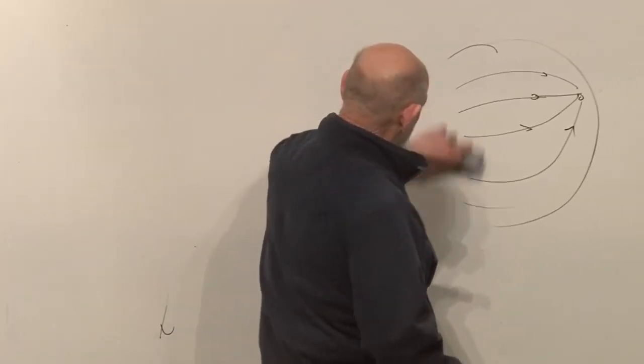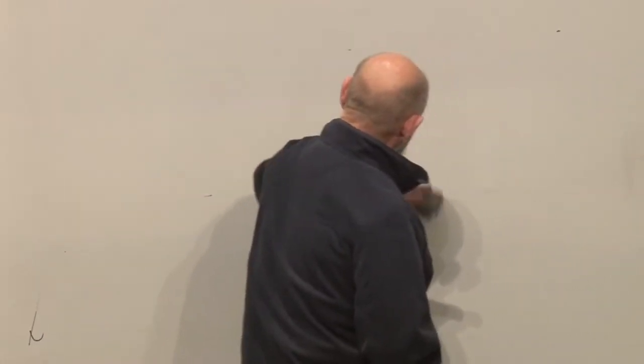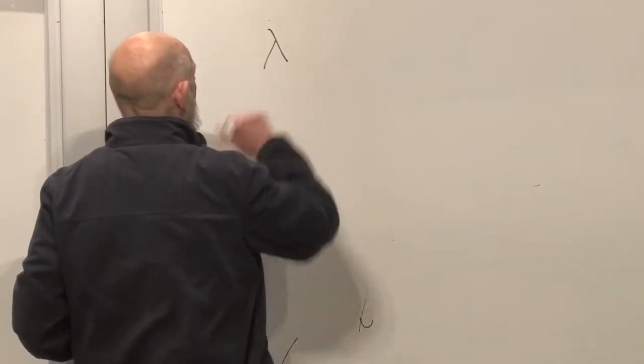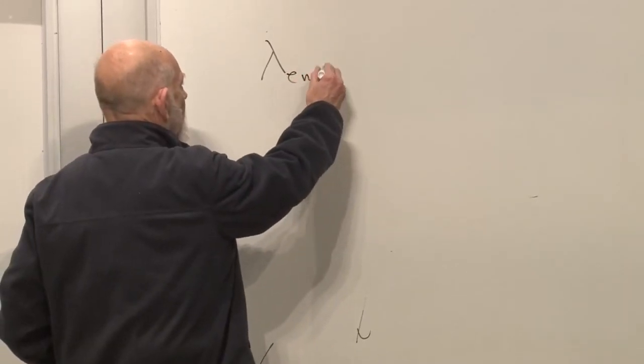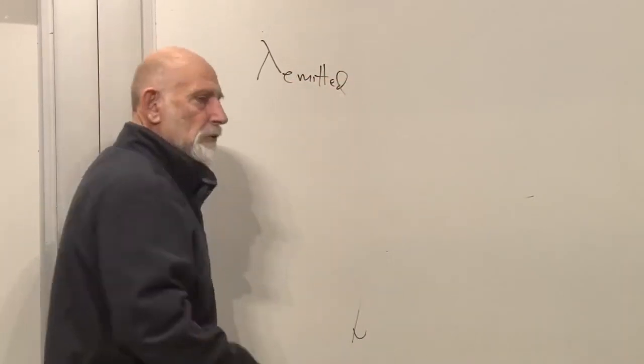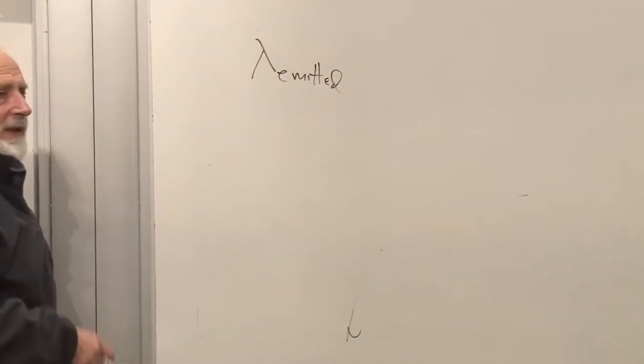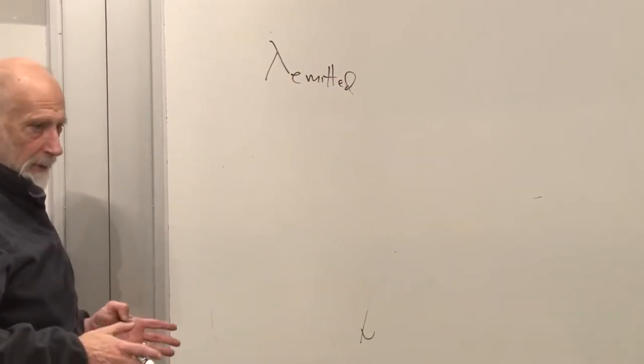If light is emitted by a source that has a wavelength lambda, we can call that the wavelength of the light when it's emitted. Just the usual. If it's a light bulb, it has a certain wavelength. When it's detected, the light may or may not have the same wavelength.